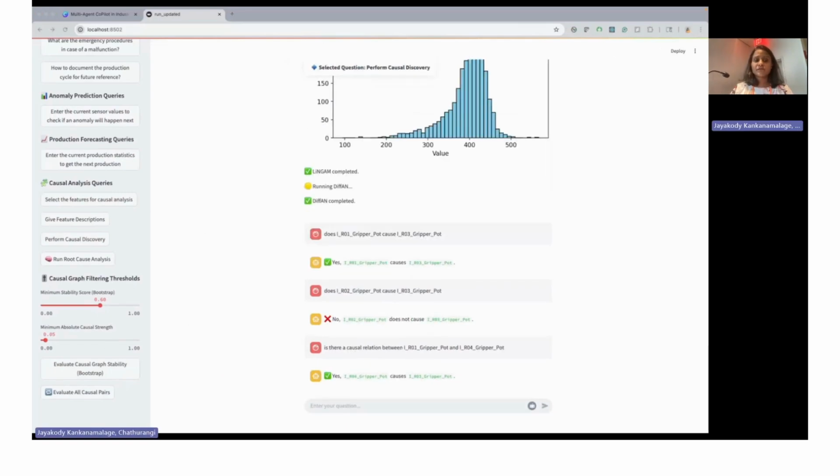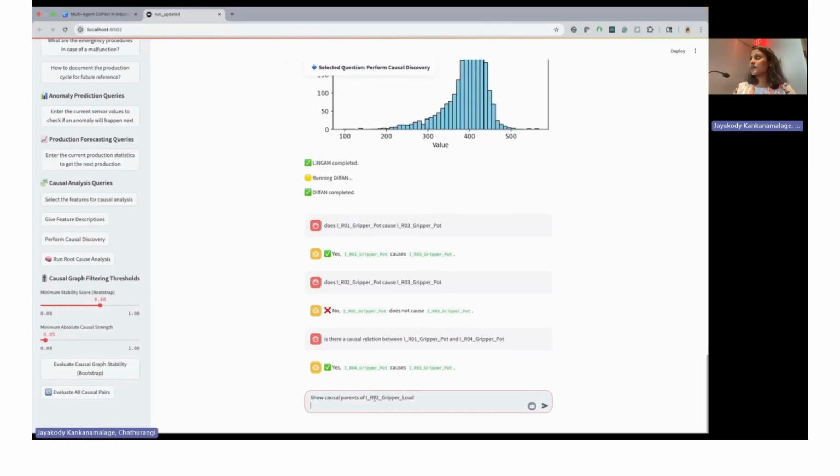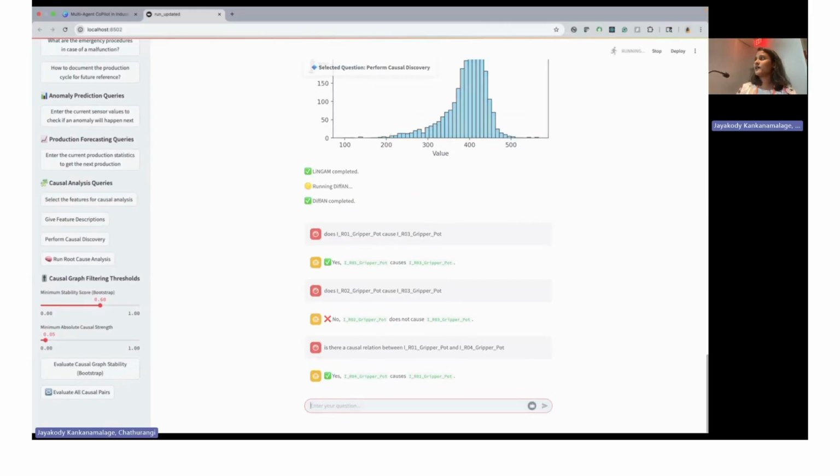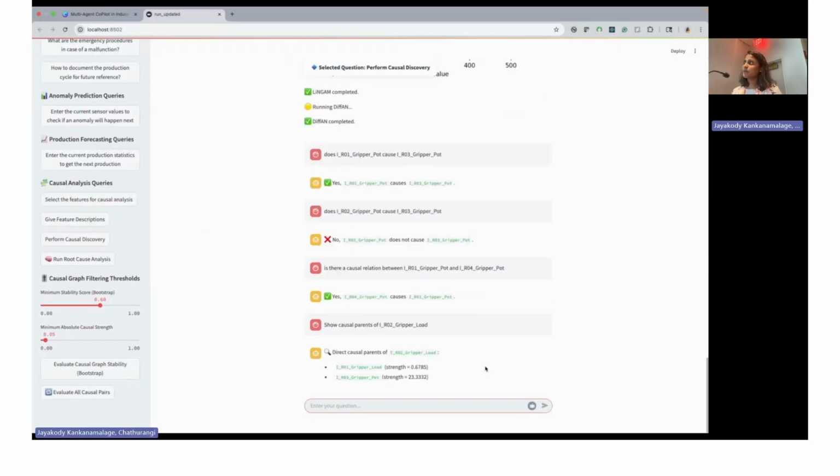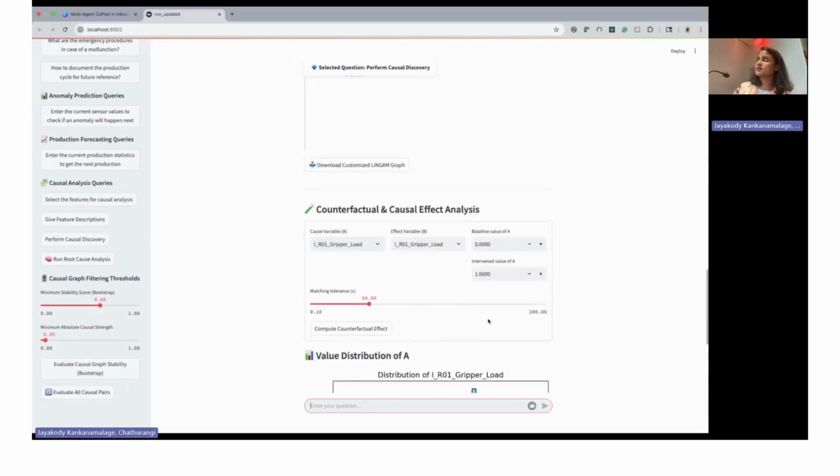And if we want to know what the causal parents of these particular variables are, he can get an overall idea of the most reliable edges and the most friendly edges with these particular sensors, and it will give the strength in between these two edges.